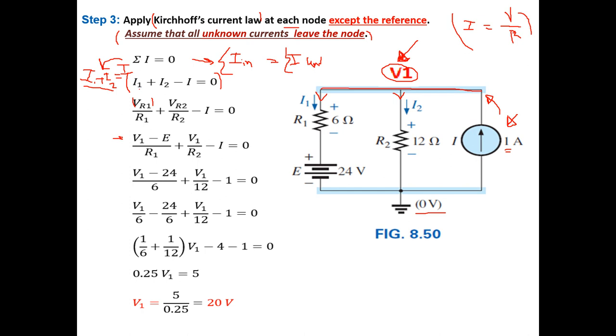Look here, the voltage across resistor number 1 is the potential difference between V1 and the source, because it's located between these two points, which are V1 and the source voltage here. So the voltage across its terminals is the potential difference between V1 and the source, so V1 minus the voltage source E.